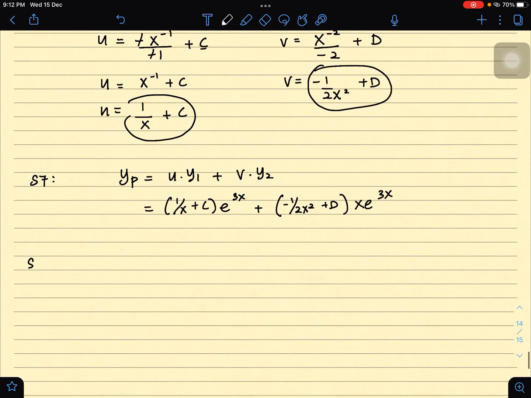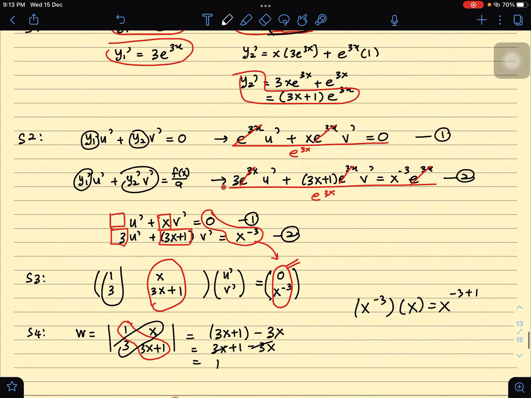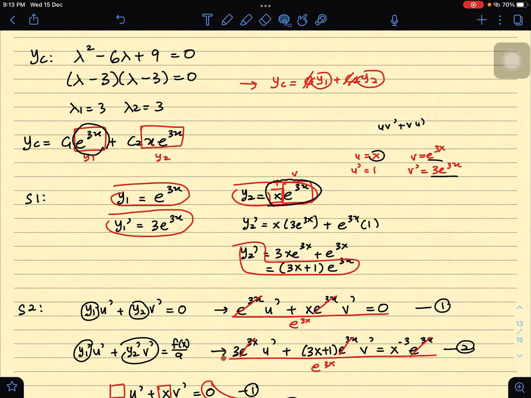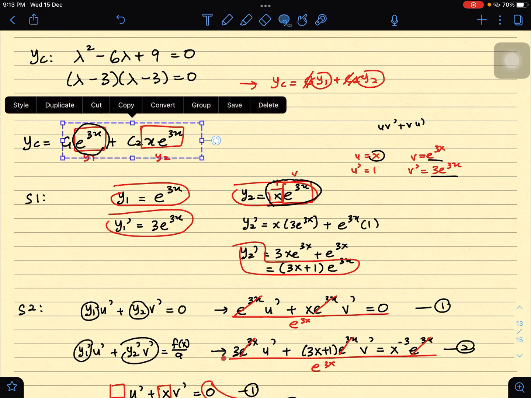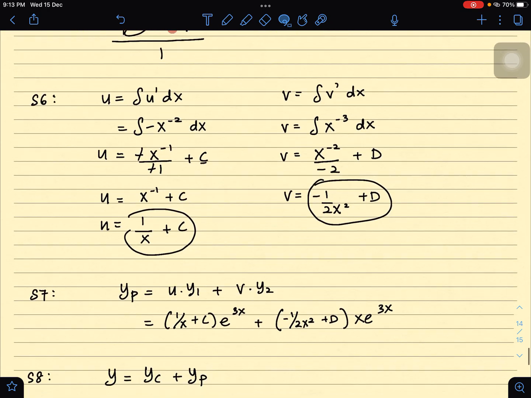So kita pergi ke step yang terakhir. Kita nak cari the general solution. Kita kena combine YC dan YP. So tadi kita ada kita punya YC, this one. Kita copy je balik YC kita.